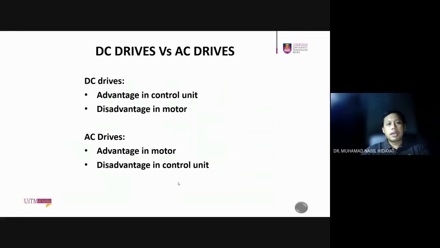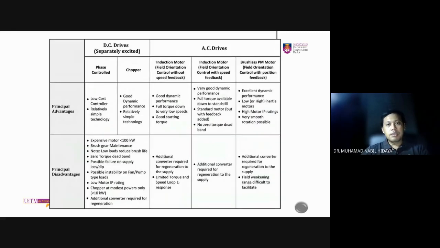For AC drive, you have the advantage in the motor, but you need a more complicated control unit. Here you have the comparison between DC drive and AC drive, the advantages and disadvantages, so you can look into your notes for this.